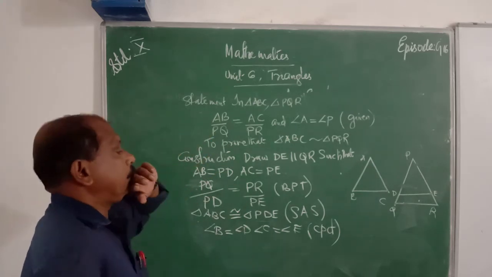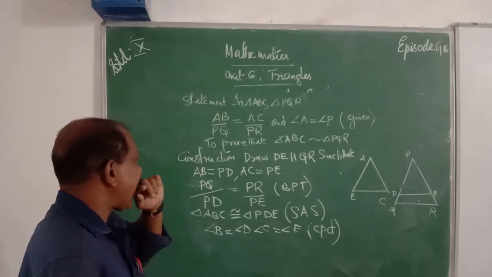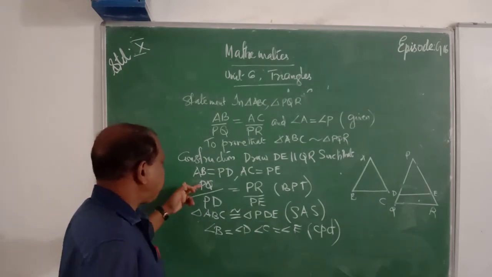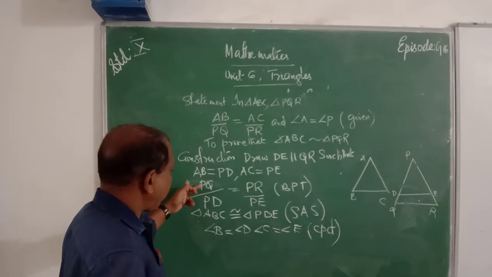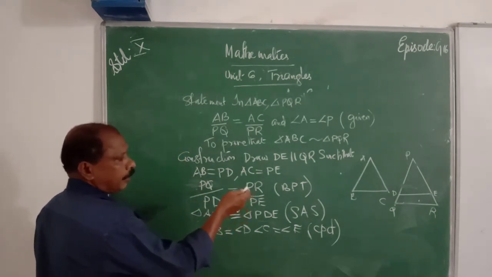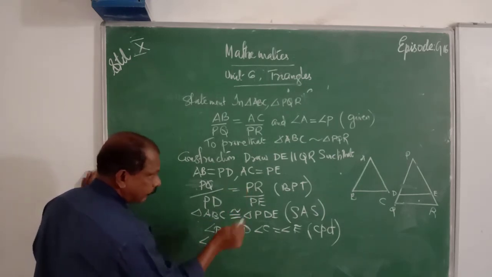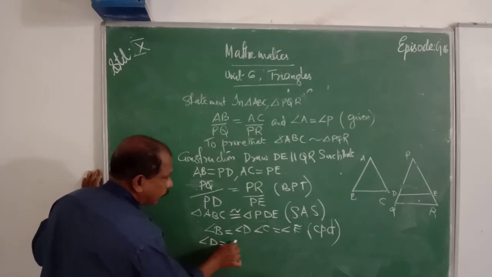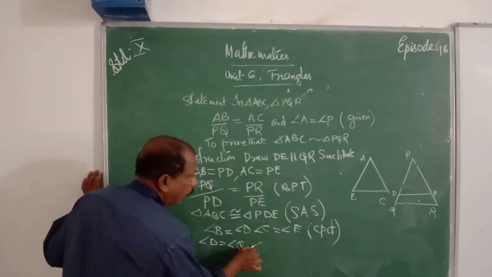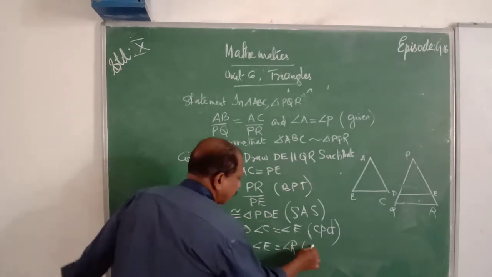Okay. Then we know that PQ by PD, or there is another condition. Angle D is equal to angle Q, angle E is equal to angle R. That is corresponding angles.